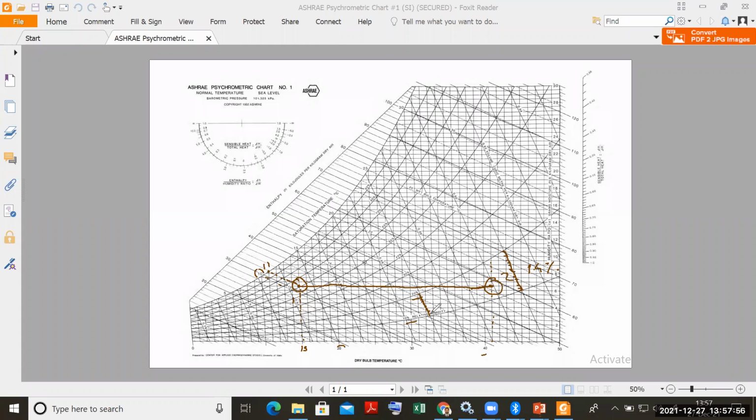And then you can draw lines like this. Connect this point. So if this is the first point here, connect to the second, this first point. This way you will get intermediate RH curves, and wherever these 2 level lines meet, that will be its relative humidity value. So I have assumed it as 14%.